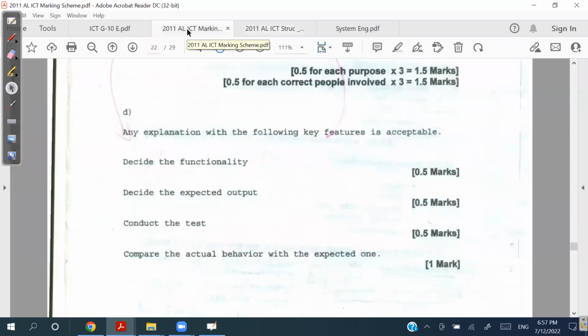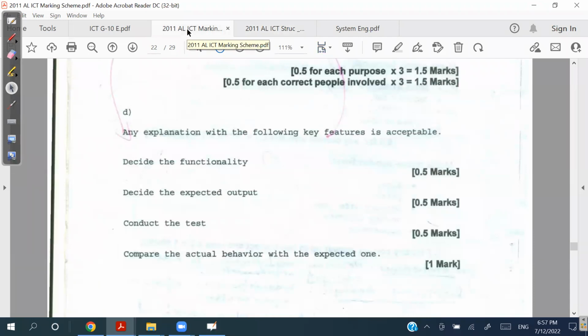Yes. So you have to say some particular functionality, as an example, sending a message, right? Or making a phone call. So you have to say the functionality that you are going to test is whether the phone is able to connect with another phone, or whether the phone is able to make a phone call, right?